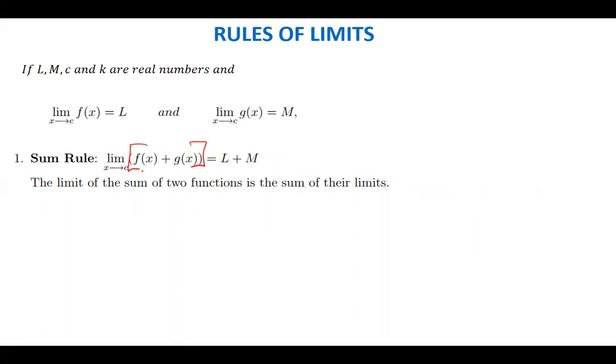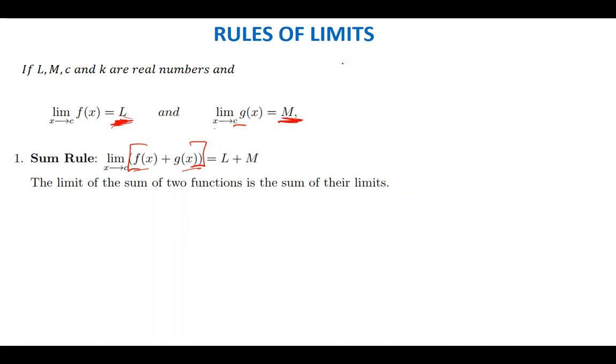When x is approaching c, if the answer after finding the limit of f of x when x is approaching c is L, and the answer after finding the limit of g of x when x is approaching c is M, it means that if you're adding those two functions and you find the limit as x is approaching a common number, which is c, the answer will be exactly the same as adding the answers there. It's just the same as adding L and M.